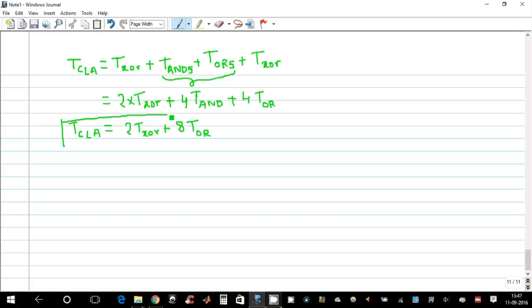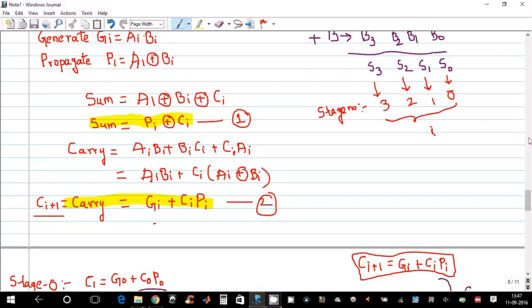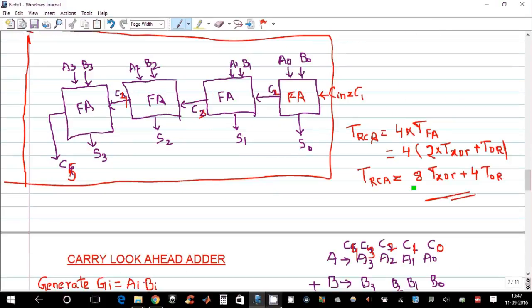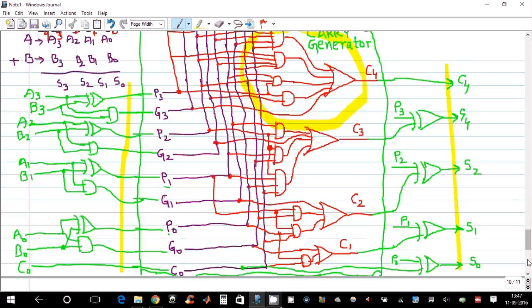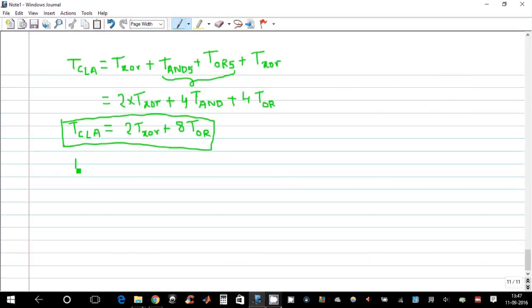We will compare this with that of the ripple carry adder. In the previous sections we derived the delay expression for that adder: the delay for the ripple carry adder is 8 times that of XOR plus 4 times that of OR gate.